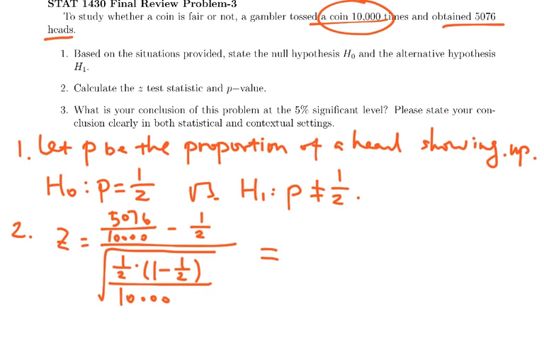If we do the calculation, this is equal to 1.52. So the z-test statistic is equal to 1.52.